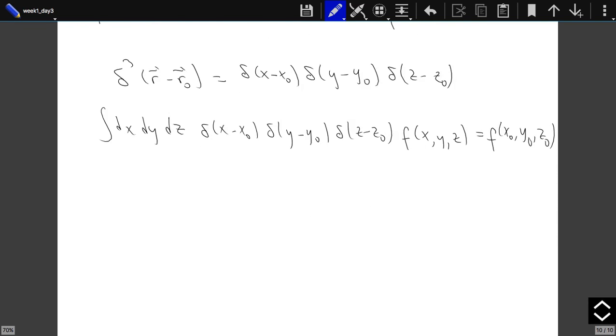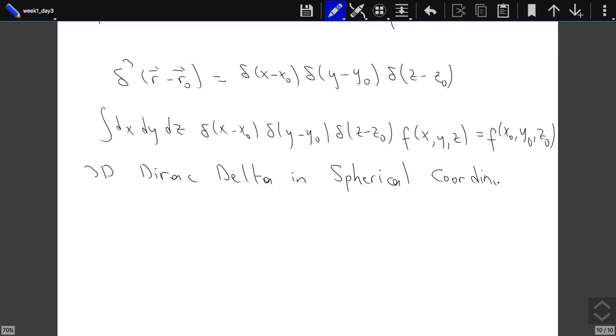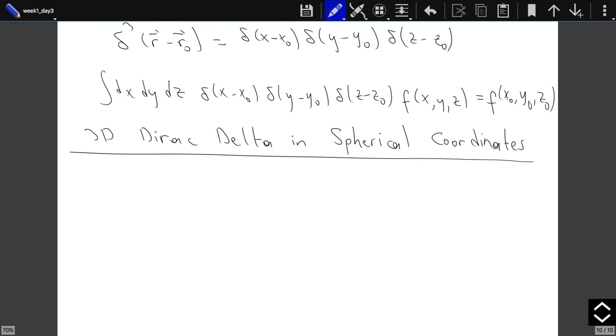Well, let's also consider the spherical case. Are you familiar with the spherical coordinates?